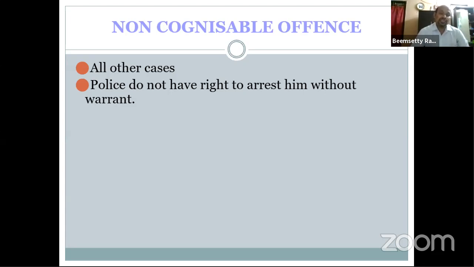Here, cases for which punishment is greater than 2 years, or life imprisonment, or the death sentence. That is warrant case. Now, which are the sections involved? Section 2(w) CRPC deals with summons case. Section 2(x) CRPC deals with warrant case. Remember, 2(w) you should write in that bracket, 2(w) CRPC and 2(x) CRPC.